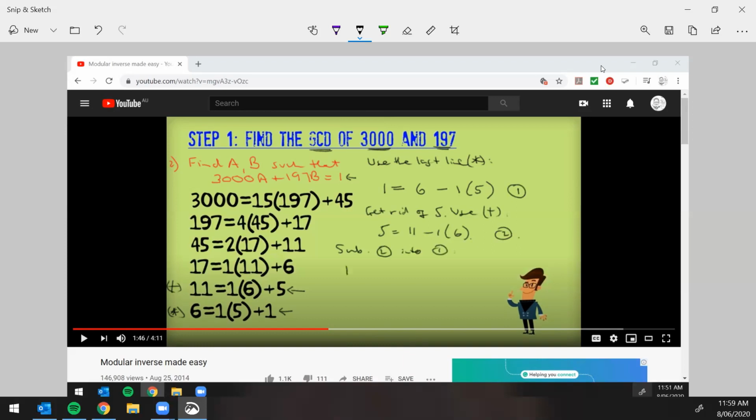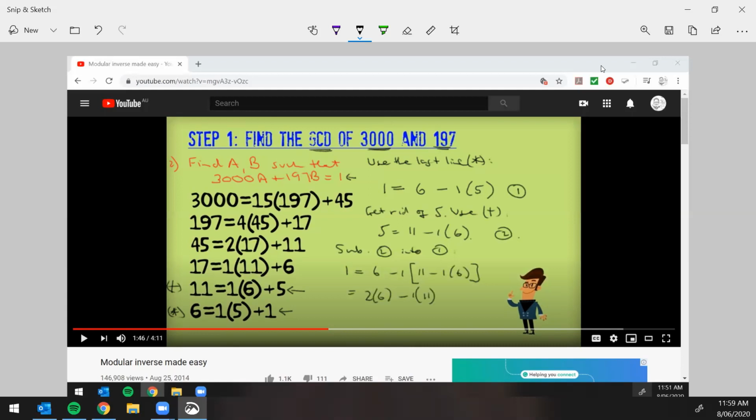I get 1 is equal to 6 minus 1 times, instead of 5, a bracket with 11 minus 1 times 6. When I work all that out, for 6 I've got 6 minus 1 times minus 1, 6. So that's 2 times 6 minus 1 times 11.